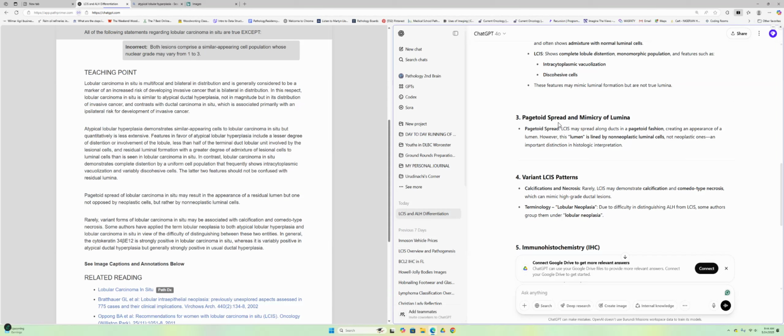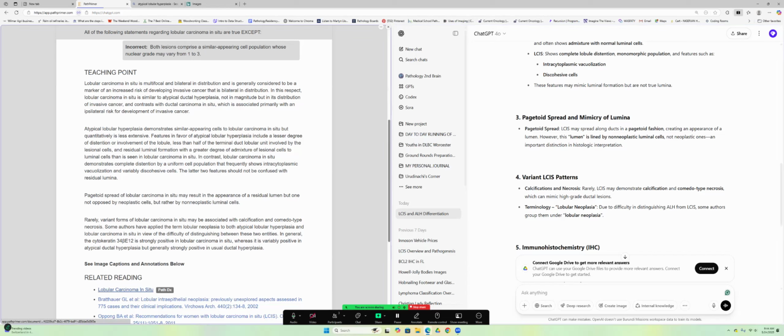So you now have the neoplastic cells sandwiched between the basal membrane and the myoepithelial cells and luminal cells. Okay, yeah. You remember that? Very good.